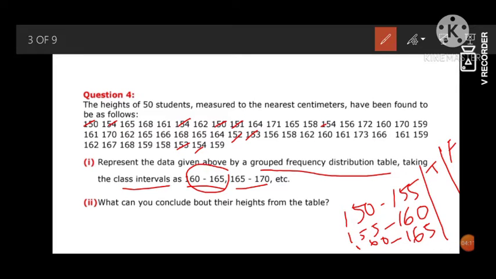So we have 1 2 3 4 5 6 7 8 9 10. So our first tally is of 10 such numbers we are getting. So let us check once more. Till 154 we should take.